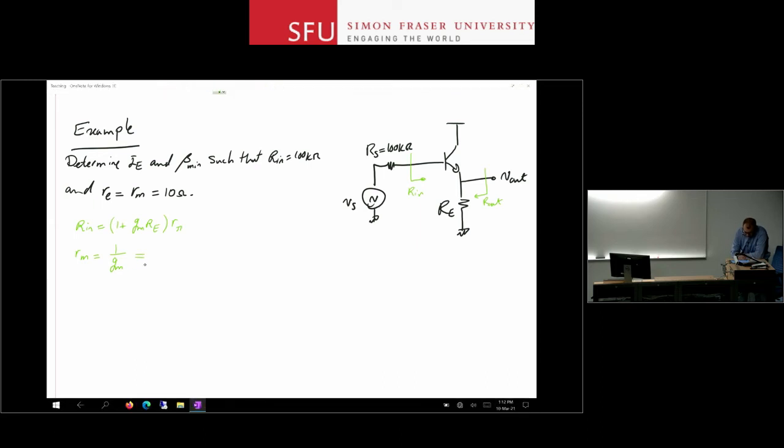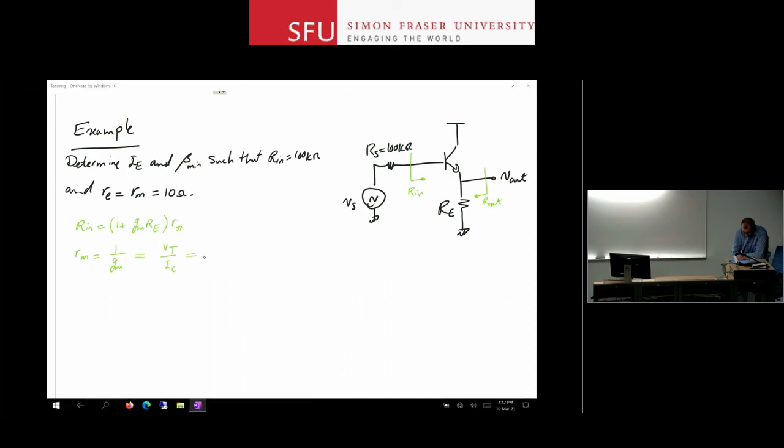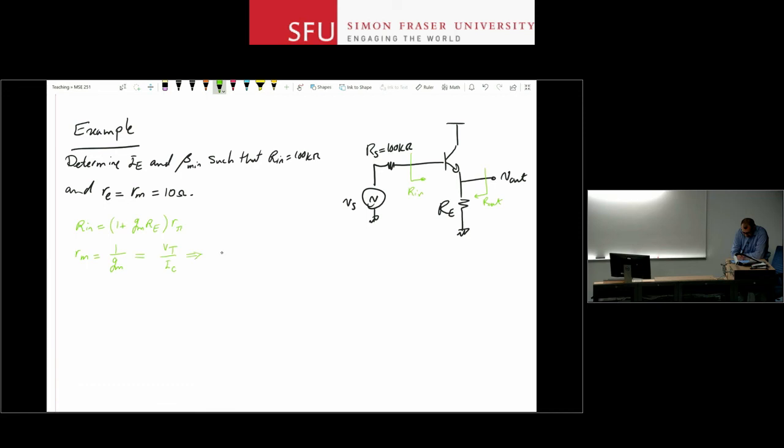Because I know GM is IC over VT, so this is going to be VT over IC. If this is 10 ohms, then I can calculate IC, because VT at room temperature is known. So using the information from the problem, it's 25 millivolts divided by IC. And right away I find an IC that is 2.5 milliamps.